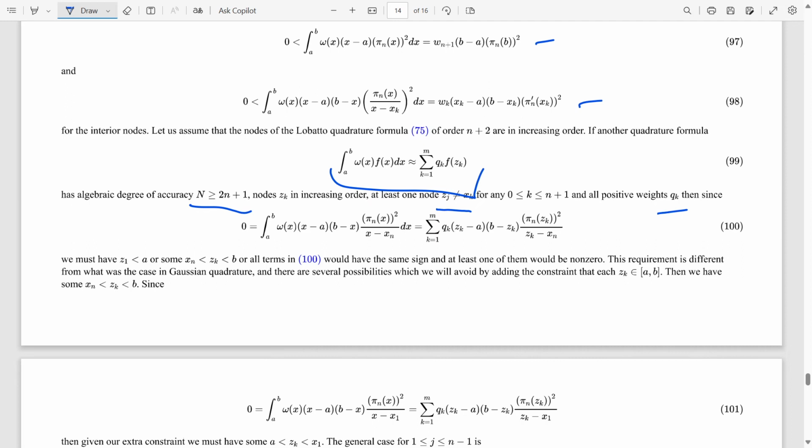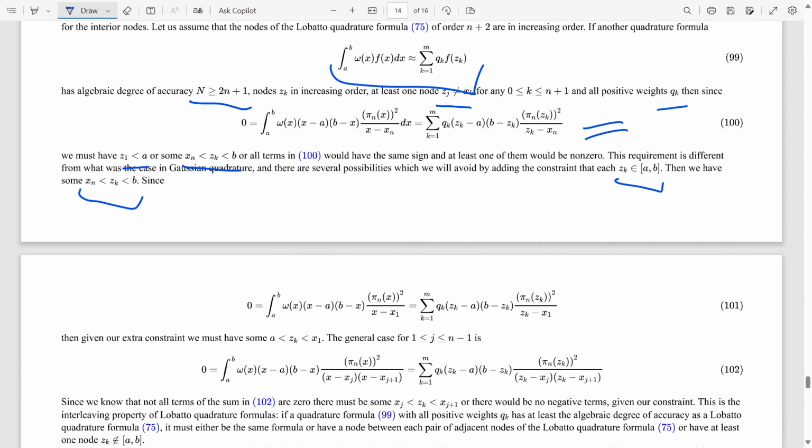we can only have a negative term here if some zk is less than a, or some zk is between xn and b. So this leads to many possibilities, and for simplicity, we're only going to consider the case where each zk is in the closed interval from a to b, and from this integral, it forces a zk to lie between xn and b.